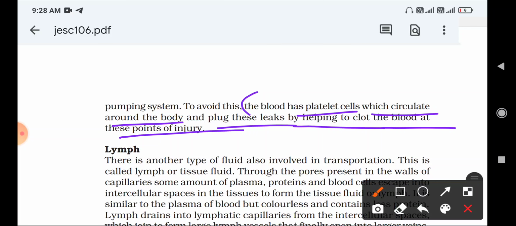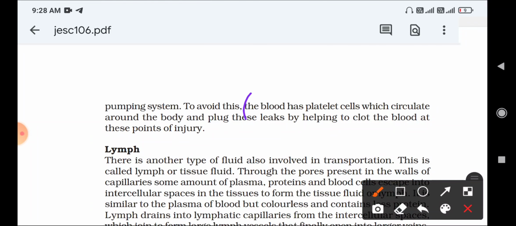This is an important question, write it down: the blood has platelet cells which circulate around the body and plug these leaks by helping to clot the blood at these points of injury. Whenever blood is leaking in the body, it is stopped by platelets circulating around the leak and stopping the blood. This is the function of platelets.